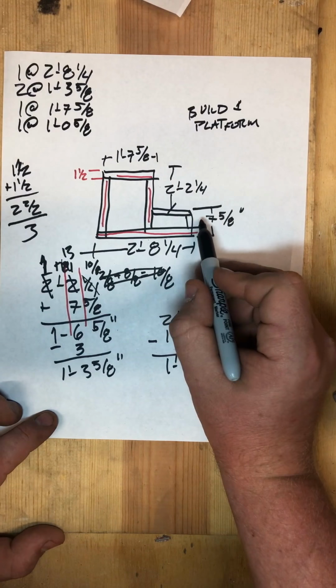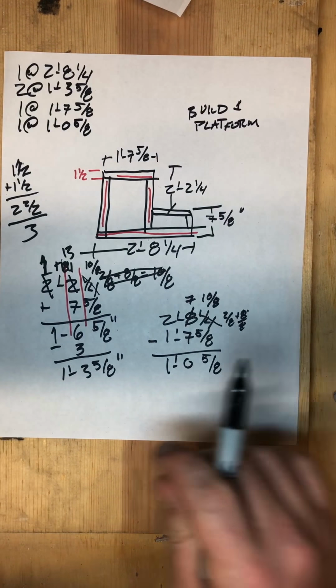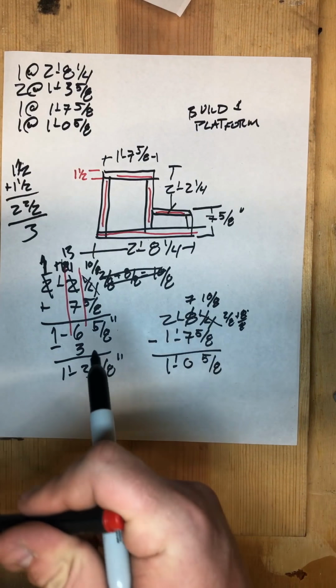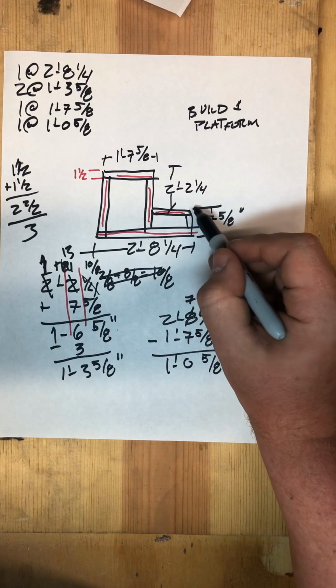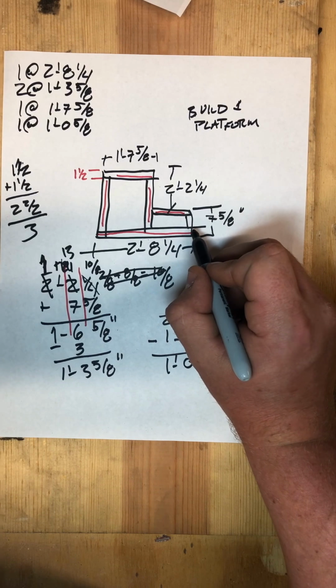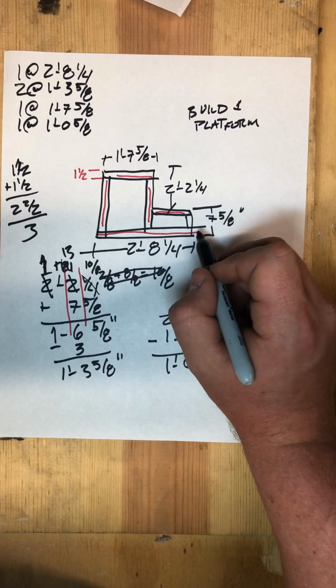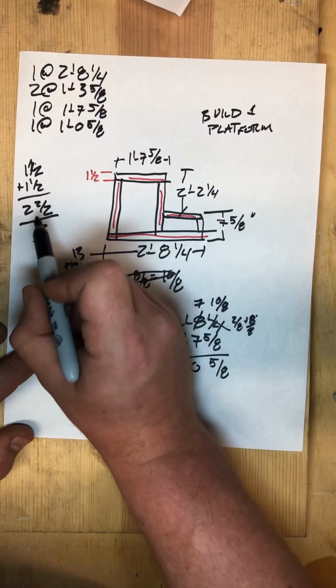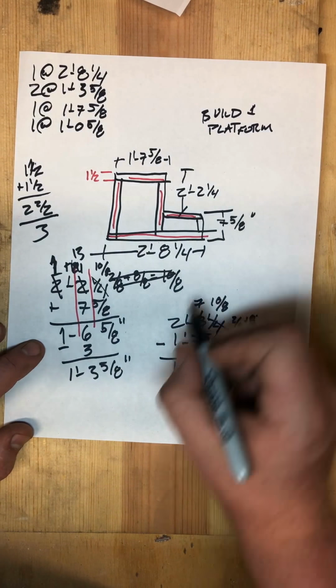And then the last one that I've got is, let me cross this one off. The last one that I've got is this distance right here, and that's giving me the overall. And what I need to do is take into account the thickness of these 2x4s, which is 1.5 inches and 1.5 inches. We already did that. We found out that's 3.